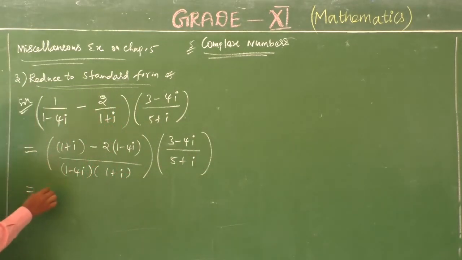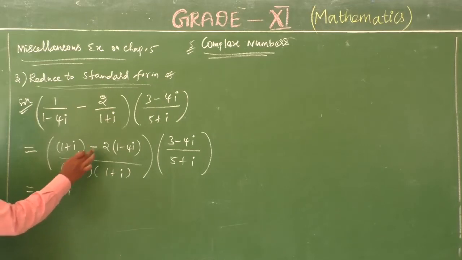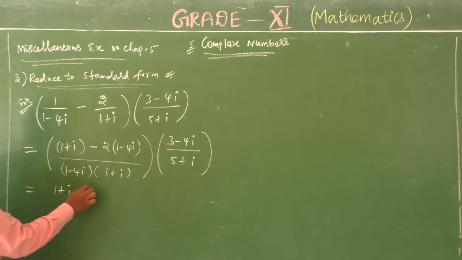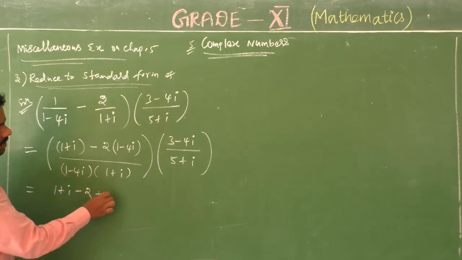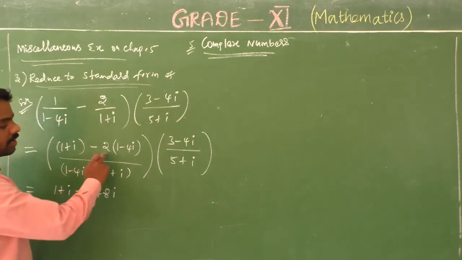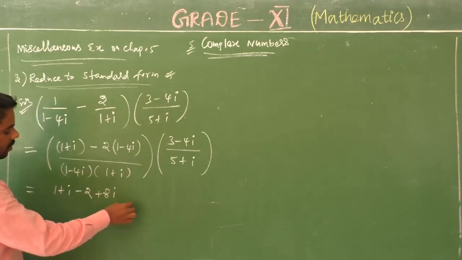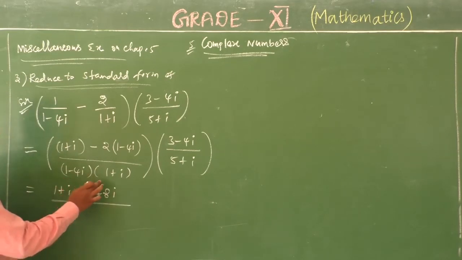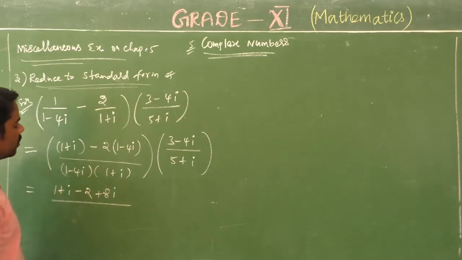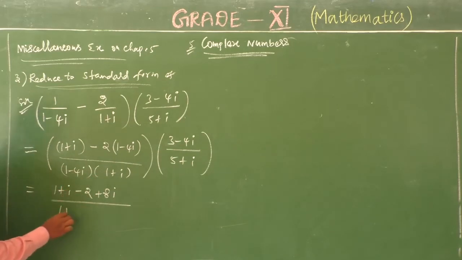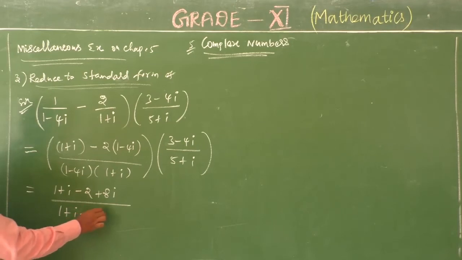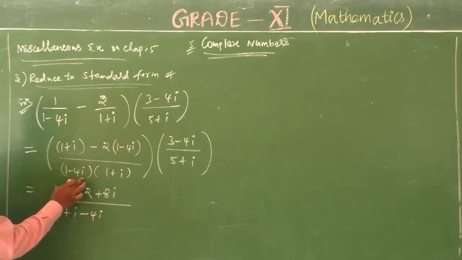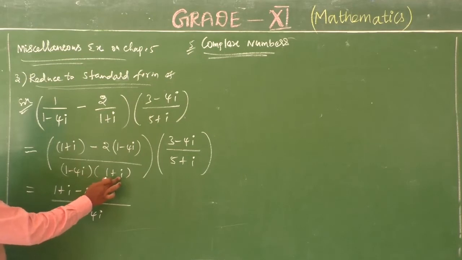Here, 1 plus i minus 2 into (1 minus 4i). Minus 2 into 1 is minus 2, and minus 2 into minus 4i is plus 8i, whole divided by (1 minus 4i) into (1 plus i). 1 into (1 plus i) is 1 plus i, and minus 4i into (1 plus i) is minus 4i minus 4i square.